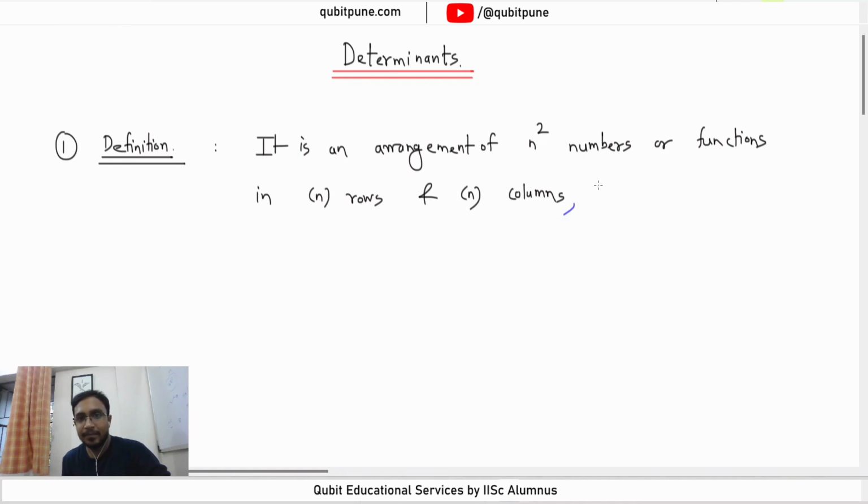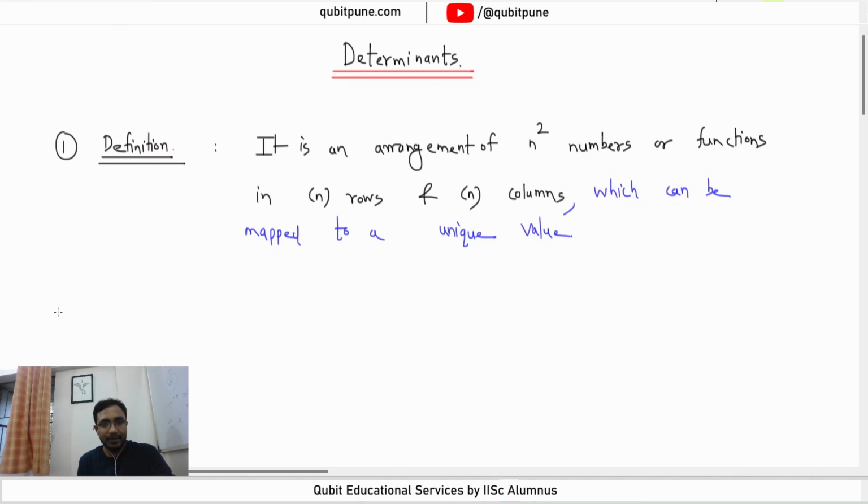Yes, it is an arrangement which can be mapped to a unique value. So determinant always has a value and that value is always unique. Okay, it never has multiple values.